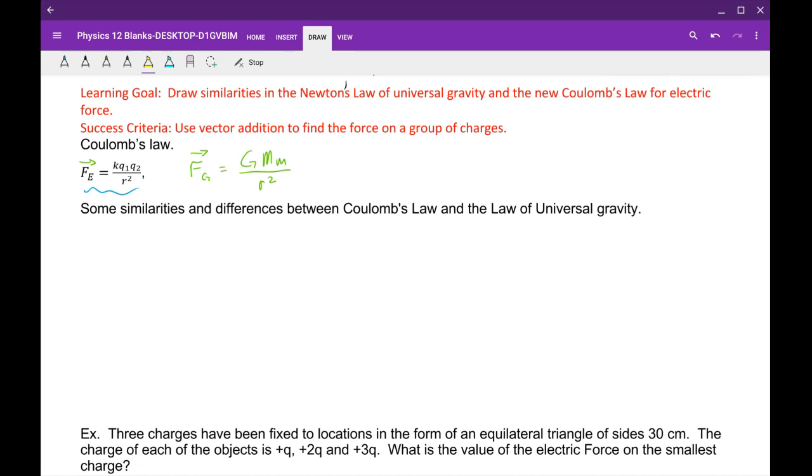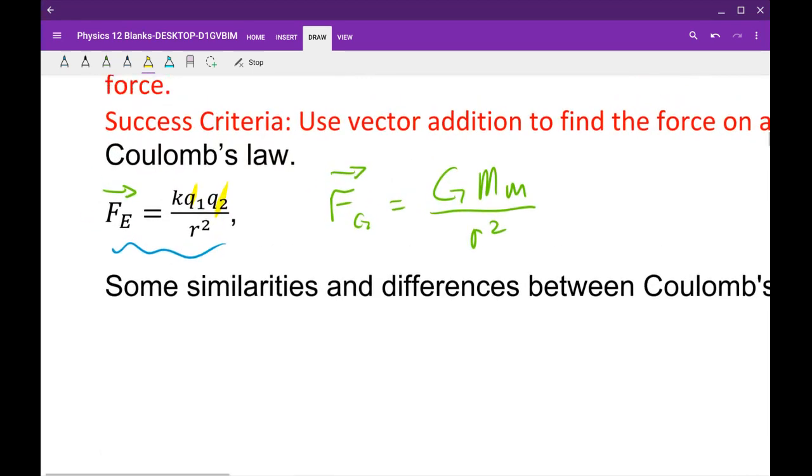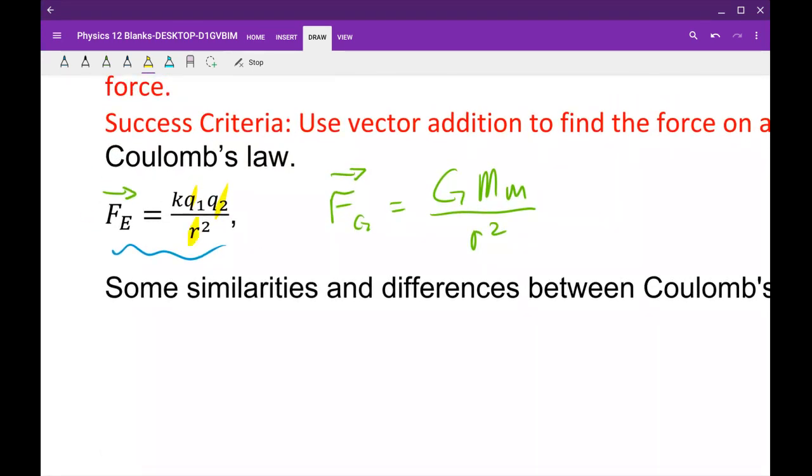And my 2 charges are Q and Q, and my distance between the charges is R, just like the force of gravity between 2 masses with a certain distance, R. Okay, so it's the same exact structure.